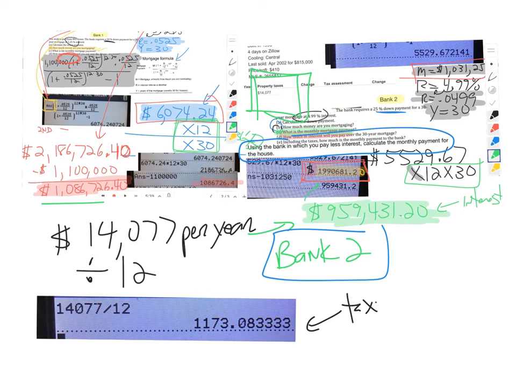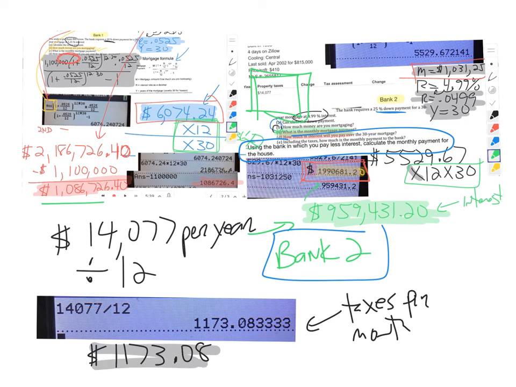So here your taxes per month are $1,173.08. So we're going to take that value and we're going to add the monthly payment of $5,529.67 to determine what your total monthly payment is going to be if we decide to go with Bank 2.